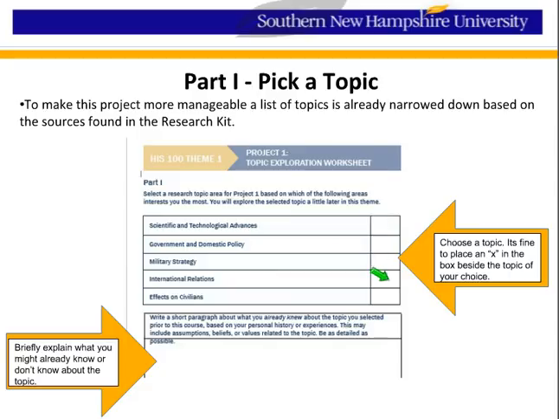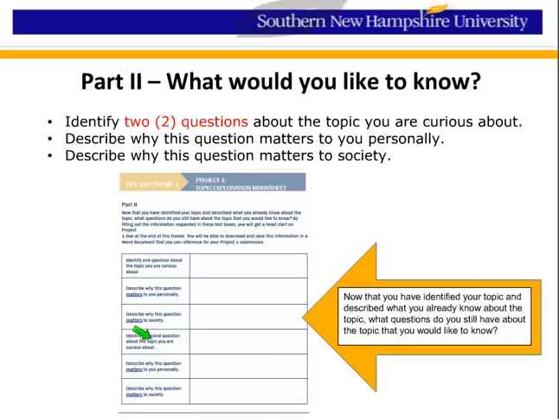Simply place an X in the box beside the topic of your choice, and then secondly, right below, write a short paragraph about what you already knew about the topic you selected prior to this course, based on your personal history or experiences. This may include assumptions, beliefs, or values related to the topic. Be as detailed as possible.